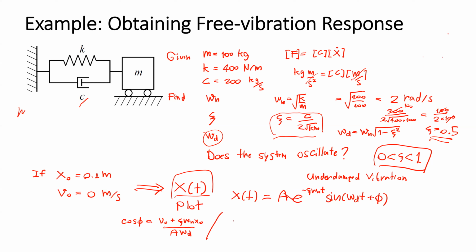And we also know that the sine of the phi angle is equal to x0 divided by A. We can solve for A and phi, with phi equal to the arctan of sine phi divided by cosine phi, and we can obtain A by this relationship, and we can plot this response.